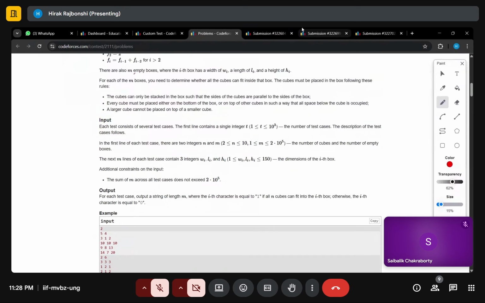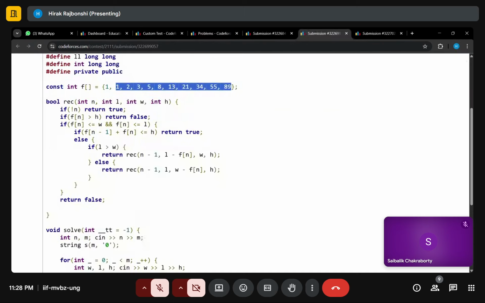Okay, then this is the base case for the recursion: if the dimension of the Fibonacci box is greater than the height, then we cannot place the block, so the answer will be false. If it is greater than the length or width, then also it will be false, but I have not checked this. If both are less than that and we can place the next block on top of this, then the answer will be true.